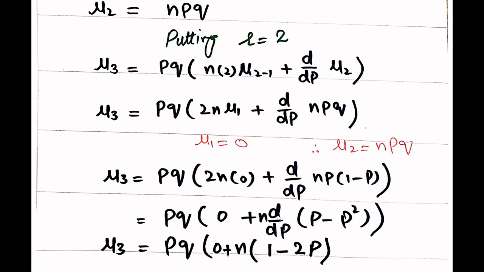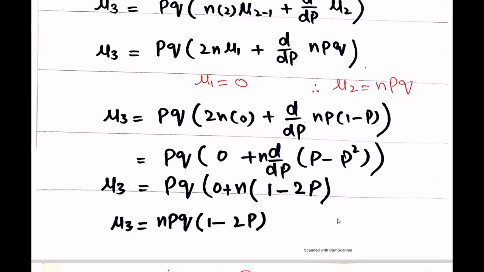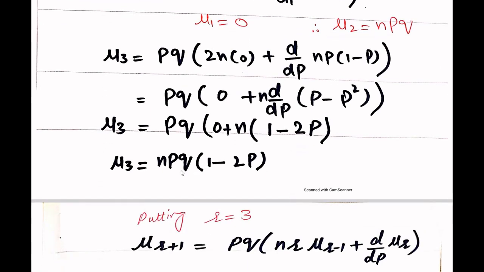And take n outside: d over dp of (p minus p square). Pq times 2n times 0 is equal to 0, 0 plus n(1 minus 2p), taking p common outside. So np, n outside, npq is equal to 1 minus 2p.